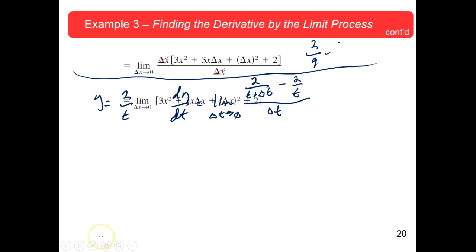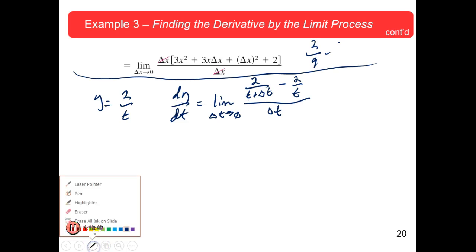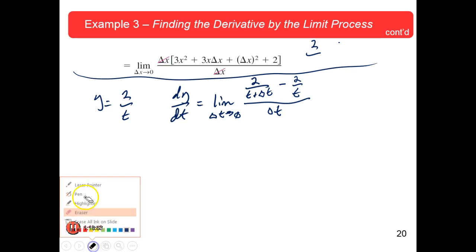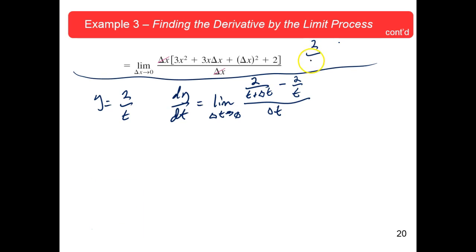Okay. All right, let me think. Got it. 2 over 11 minus 2 over 2. 2 over 3. Let's change that to a 3. All right, that would work. 2 over 11 minus 2 over 3.